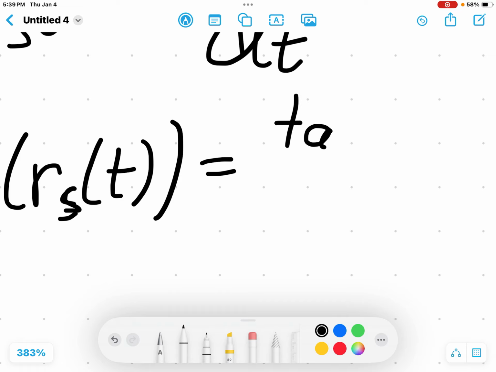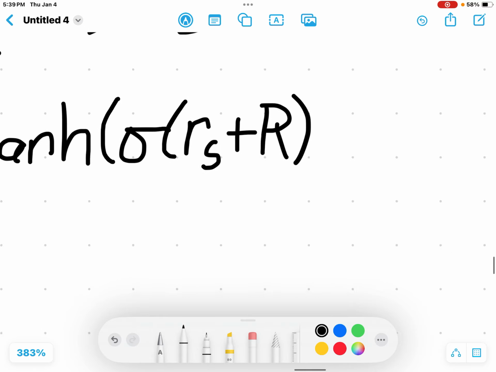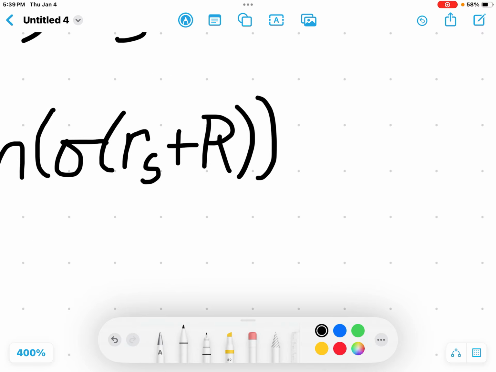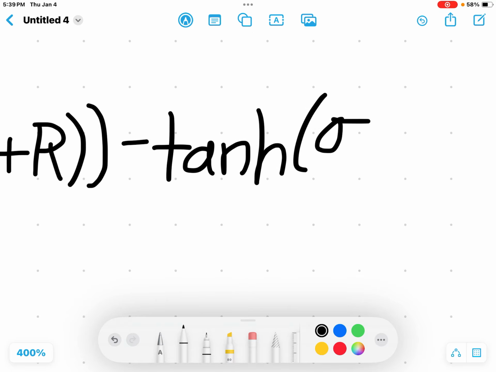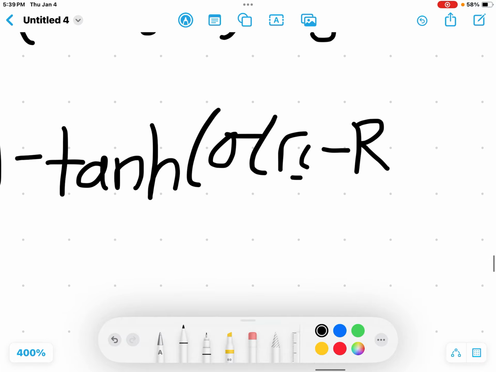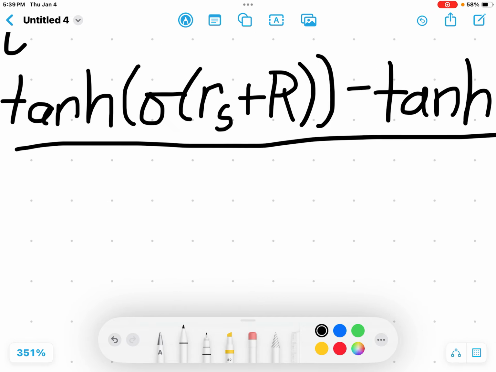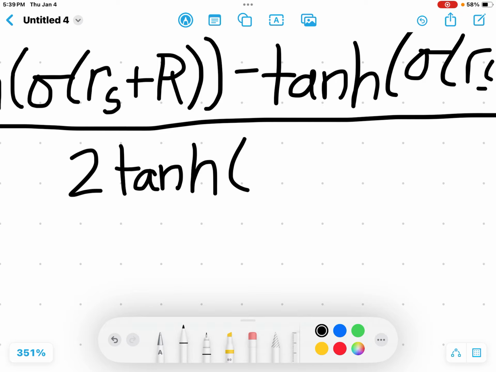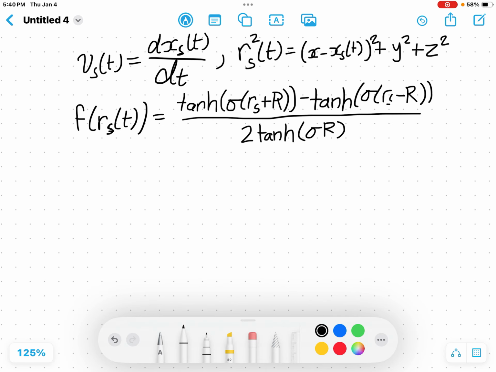It's tanh, the hyperbolic tangent function, of sigma times (r_s plus R), minus tanh of sigma times (r_s minus R), all over 2 tanh of sigma R. So there, those are the parameters that he studied.